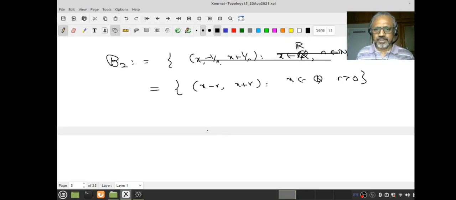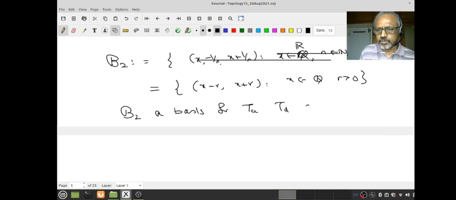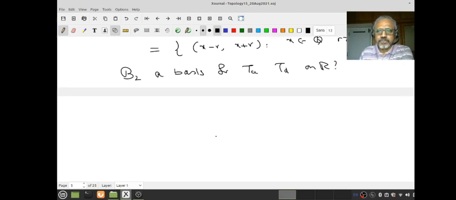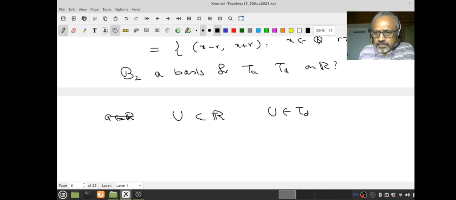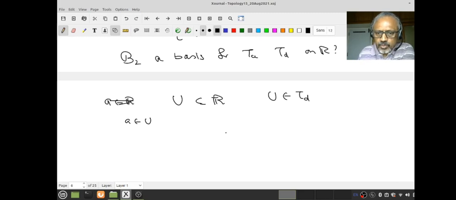So, is this collection B2 a basis for the usual topology on R? What is it that I have to do? You give me a real number a in R. Sorry, let us take U to be an open set in R, U in tau_d, and let's fix an a in U. Therefore, what do I know?